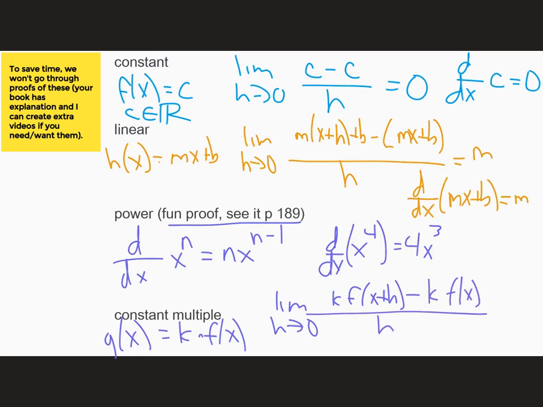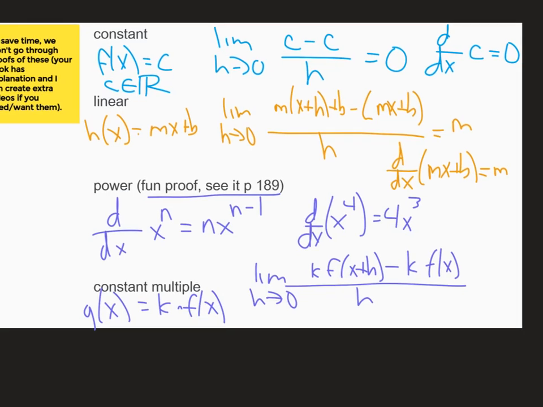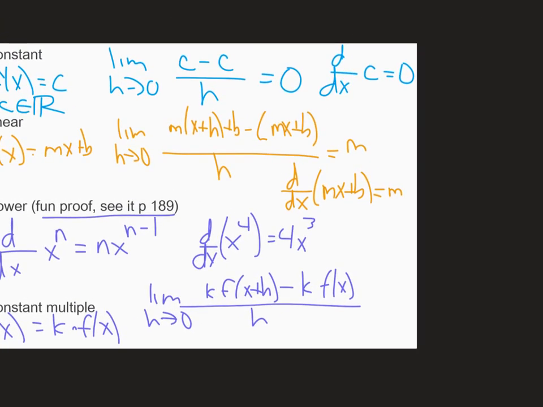You should be able to figure out that the derivative of a constant multiple is the same thing as a constant multiple times the derivative. If you have trouble, let me know. Basically, you can ignore the constant and slap it on at the end.